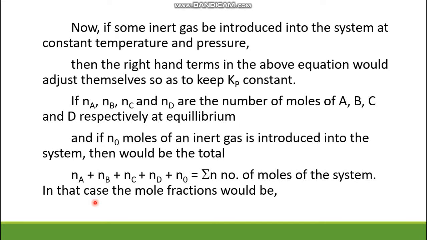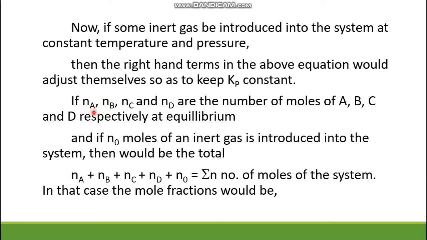Now suppose Na, Nb, Nc and Nd are the number of moles of A, B, C and D respectively. These are their respective numbers of moles. That means you are taking this number of moles. This is not small letter a, this is not small letter b. This is the number of moles you have taken, arbitrarily taken in the experiment.